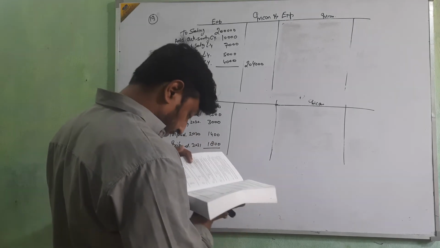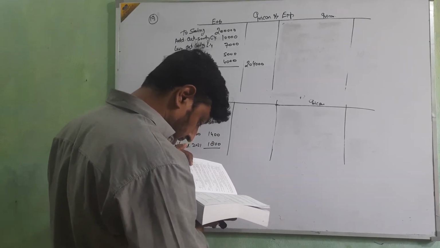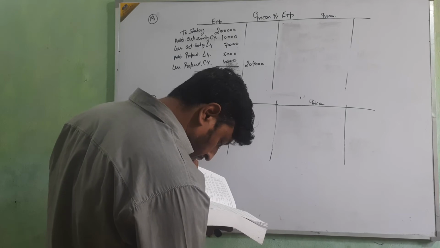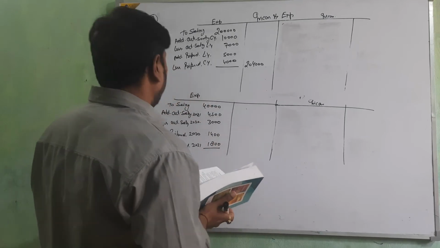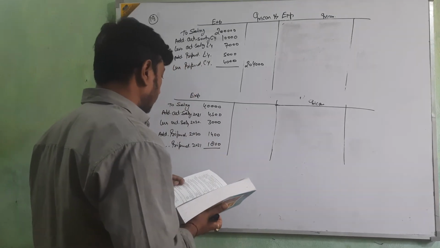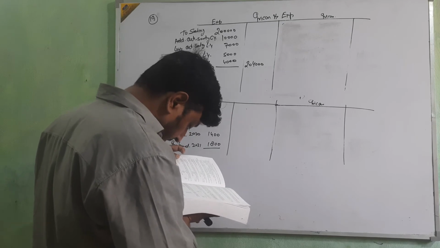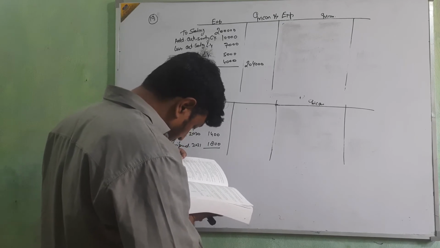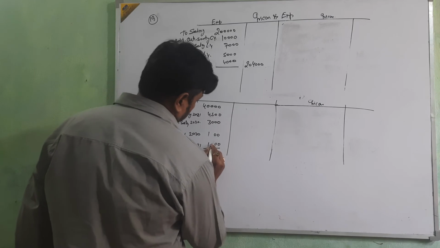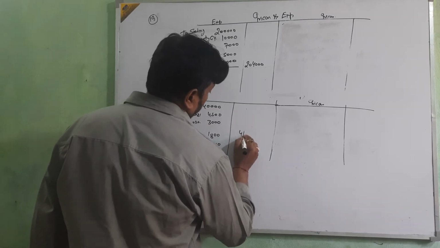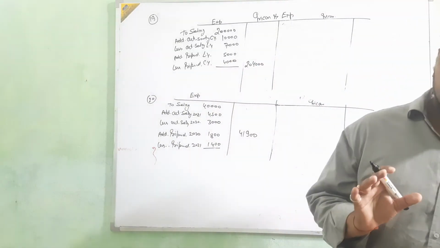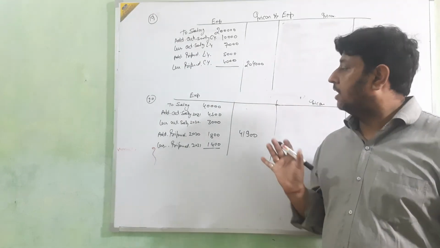It means 1,100 more, and less 400, prepaid for current year 1,400 beta, last year 1,800, it's 41,100. Okay, clear or not? How we present?